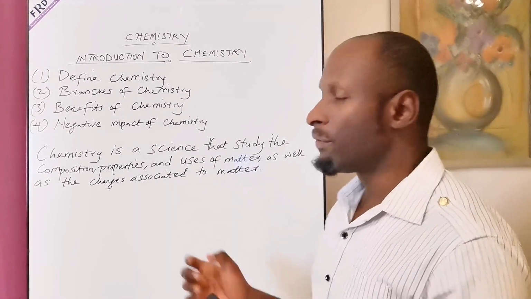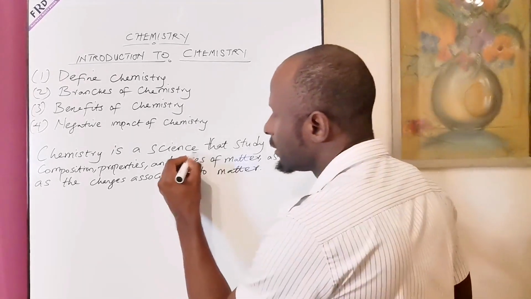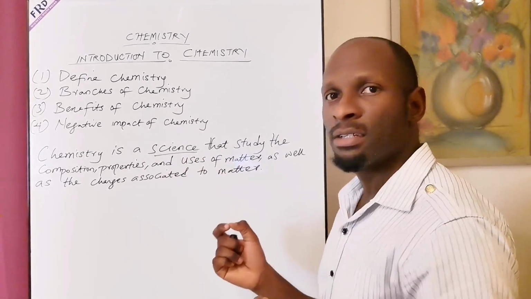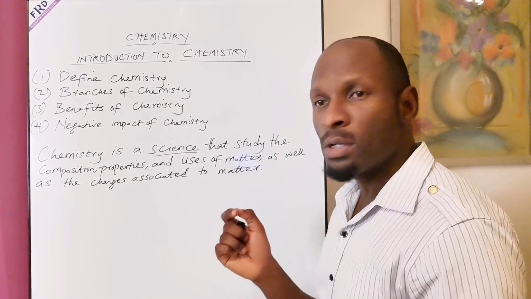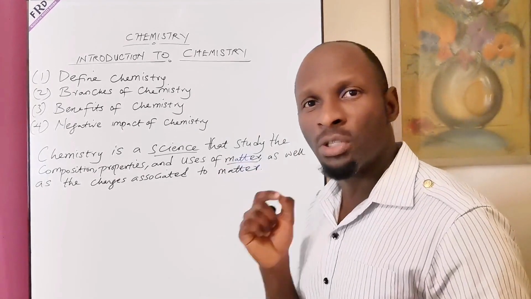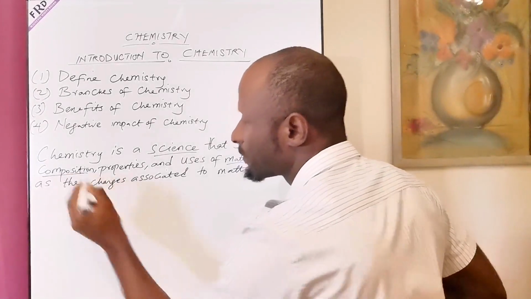And when you look at this definition, you can pick out the key words. It is a science. And that science study what? Matter. And when you talk about the study of matter, you are talking about the composition.